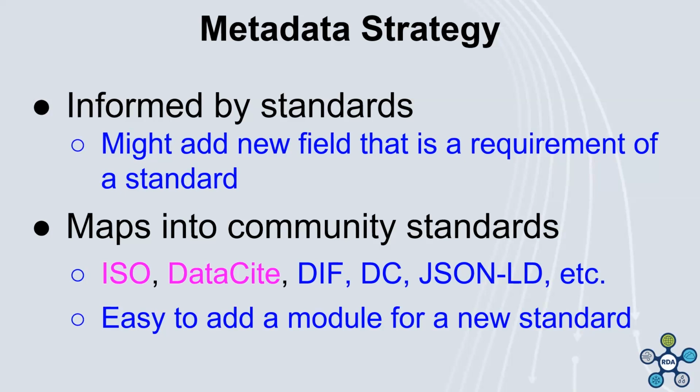And we push metadata to DataCite because they're our DOI provider and we want to keep them up to date. But we have an OAI server that can pull, say, GCMD's DIF, Dublin Core. We embed schema.org's JSON-LD in our web pages and so forth. And it's easy for us to add a module for a new standard, if something else comes along that we want to map into.